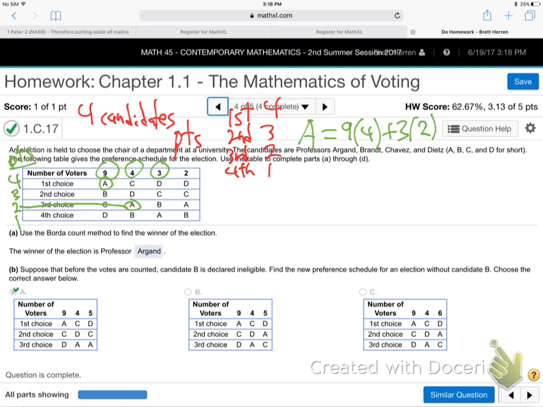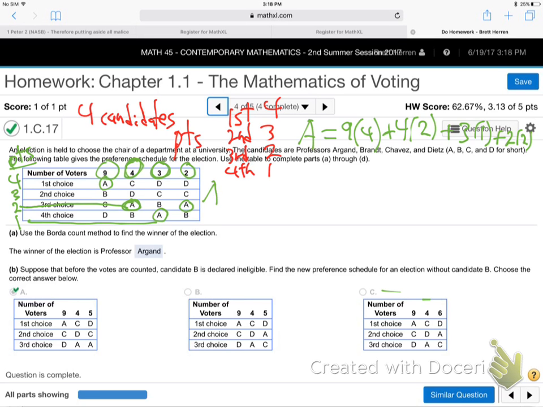Oh, was that 3? That was 4 people. Sorry, I'm messing this up. 4 people gave 2 points each. Now 3 people give 1 point each. 3 people give 1, and 2 people give 2.